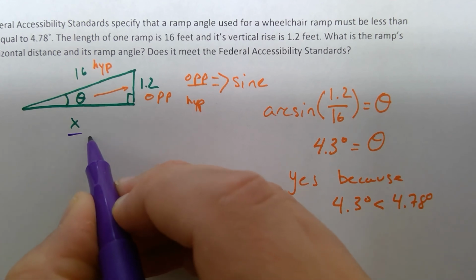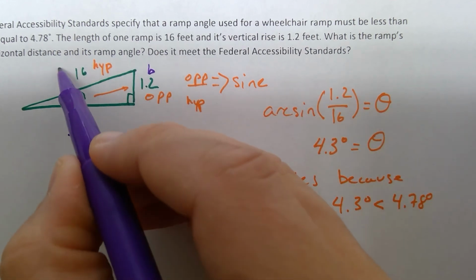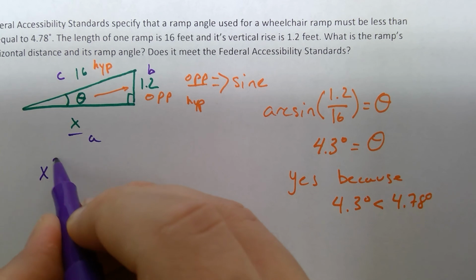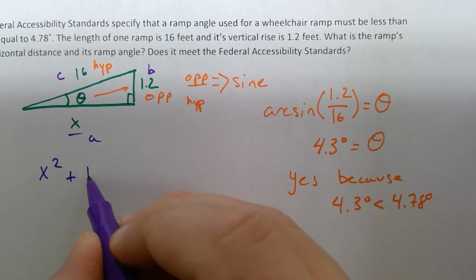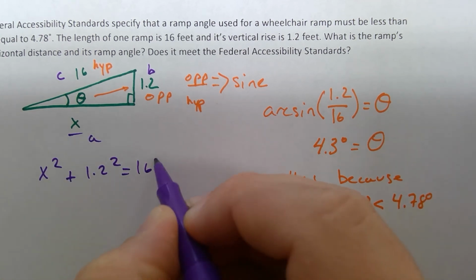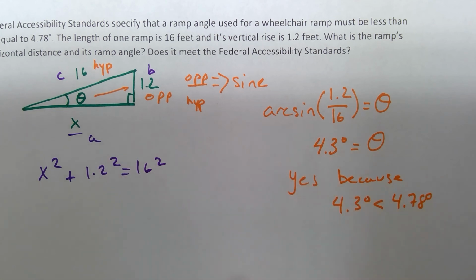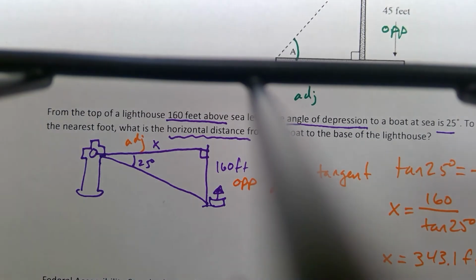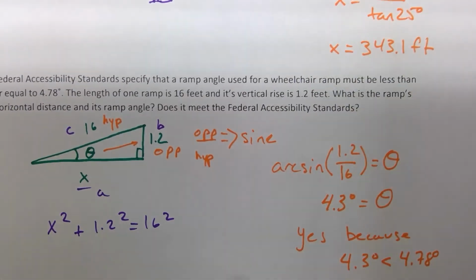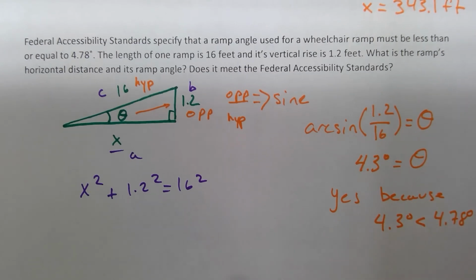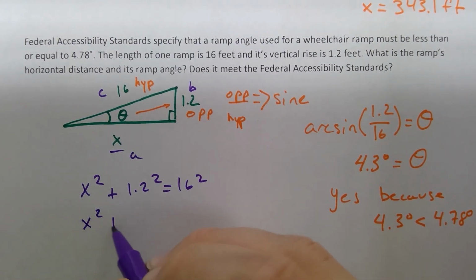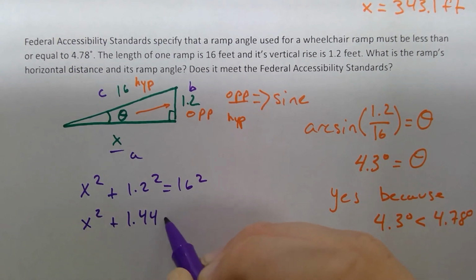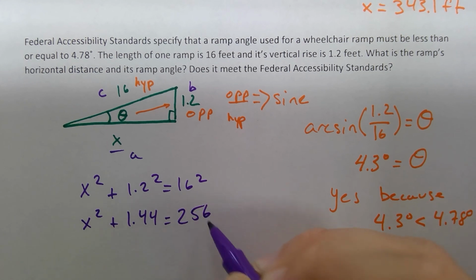So we've got A, B, and C. So x squared plus 1.2 squared equals 16 squared. We'll do some calculator action. Ooh, we had a little technical difficulty there. So we got x squared plus 1.44 equals 256.